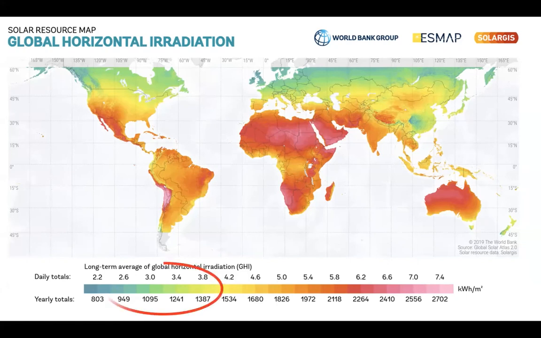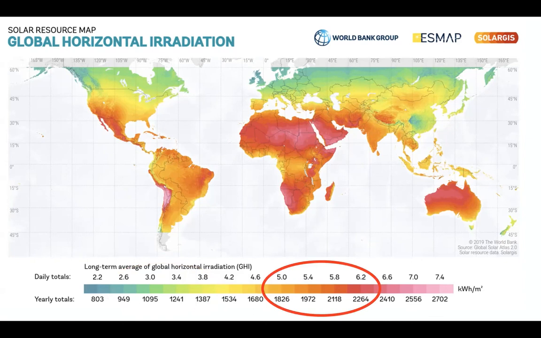In the global north, it's roughly 2.6 to 3.8 kilowatt hours per square meter. That's how much energy you get on a square meter on a daily basis. That's a daily average. But look in the global south, it's 5 to 6.2 kilowatt hours per square meter.